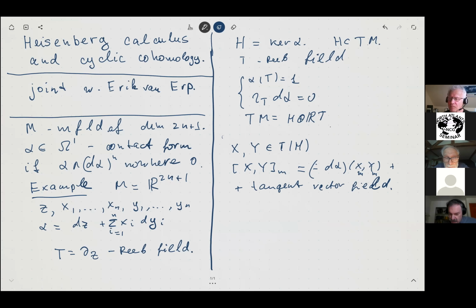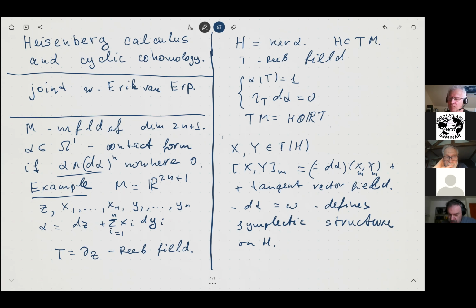Okay. So the form d alpha, which appears here, follows from the contact condition and actually defines a symplectic structure on the bundle H. In other words, it's non-degenerate.